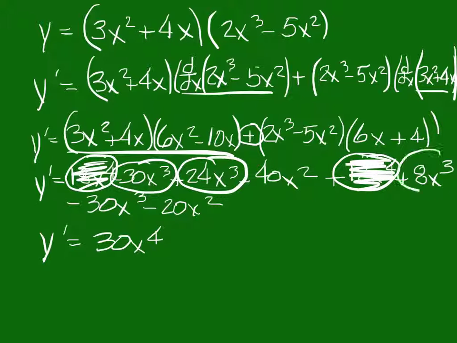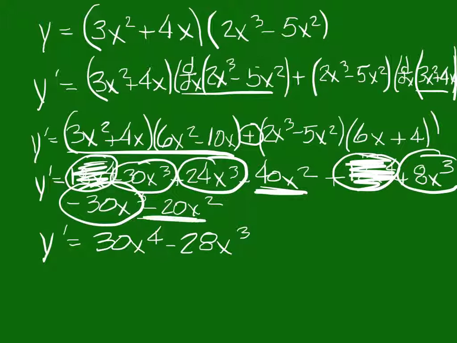Negative 6 plus 8 is a positive 2. Positive 2 minus 30 should be minus 28, x to the third. And then what's left are going to be the squares. You have minus 40x squared, and then minus 20x squared is going to be minus 60x squared.